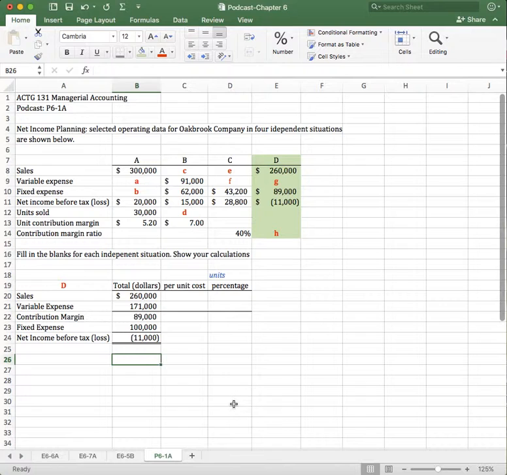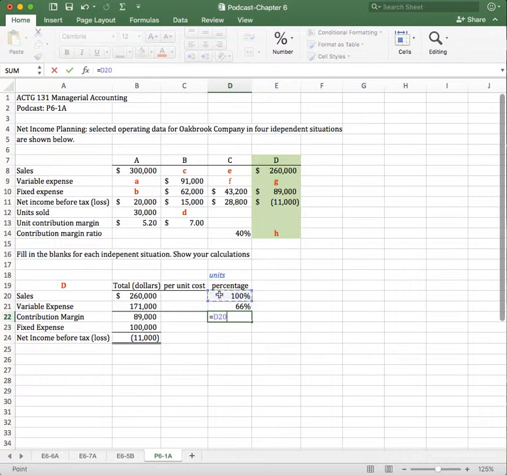Now, to calculate the contribution margin ratio, remember we set total sales to be 100%, then everything else is a percentage of total sales. So total sales is 100%, variable expense divided by total sales results in 66%. And we can do two things.